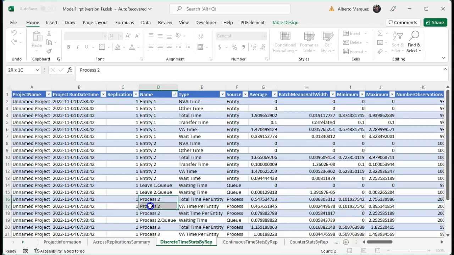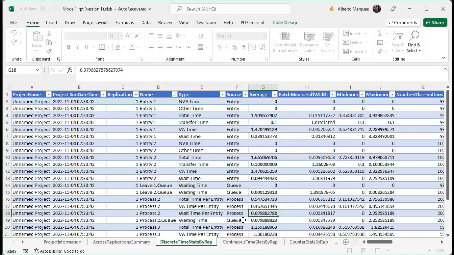The time in the process for process 2, the time in the process by entity is 0.54. The value added, the actual time in the resource, in the machine, if that's what I wanted to represent, was 0.467. And the waiting time, waiting for the resource to be available, is 0.0798.